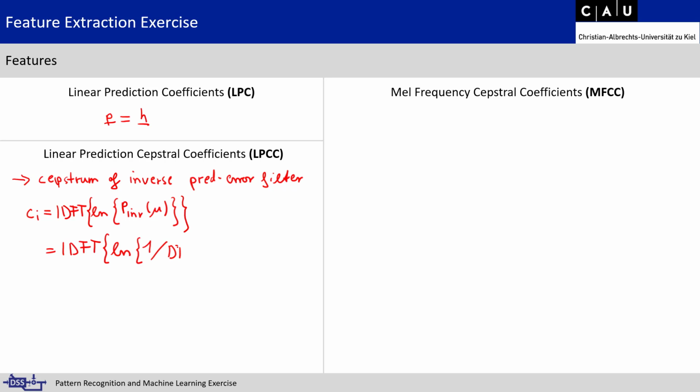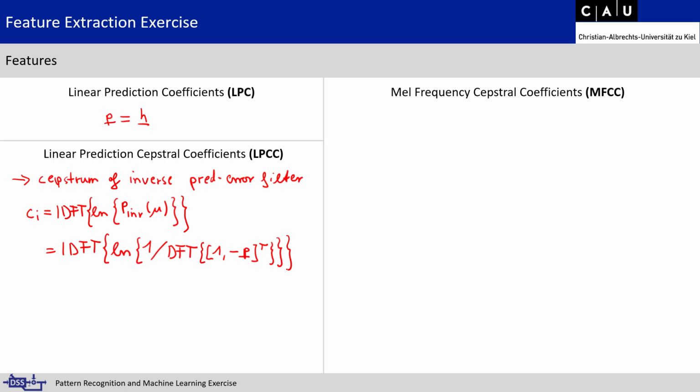And that vector is the coefficient vector of our not inverse, but just the prediction error filter. So it's a leading one, and the rest of the coefficients is minus our LPC feature vector. And of course, transpose, because we usually look at column vectors here. And this is then everything you have to do to get from LPC features to LPCC features.